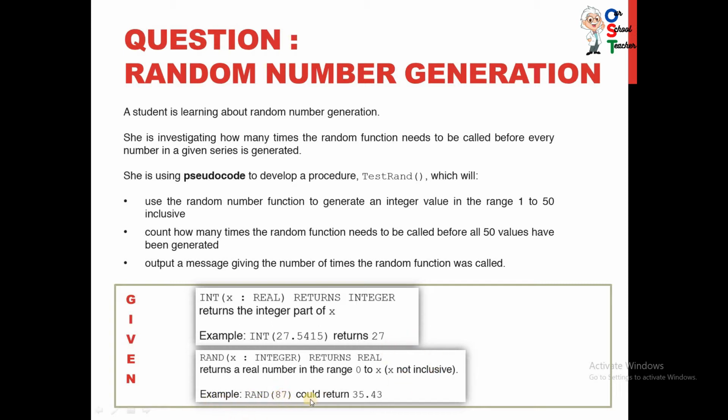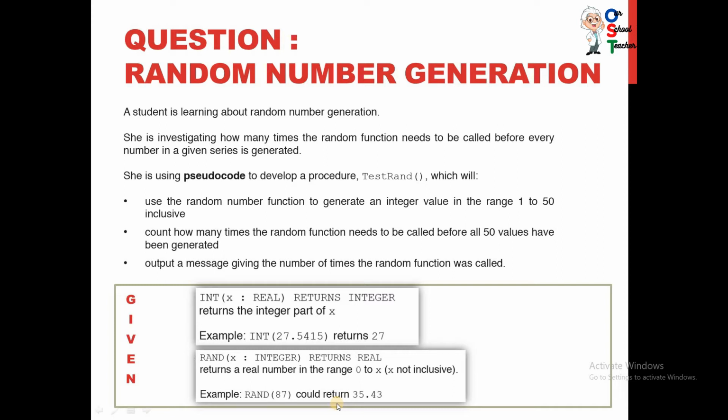Example, RAND 87 could return 35.431234, whatever. One thing I tell you, in normal languages, random numbers are given between 0 to 1, for example 0.457, and then that number is multiplied by 100 or by a specific number to generate a number between some range.